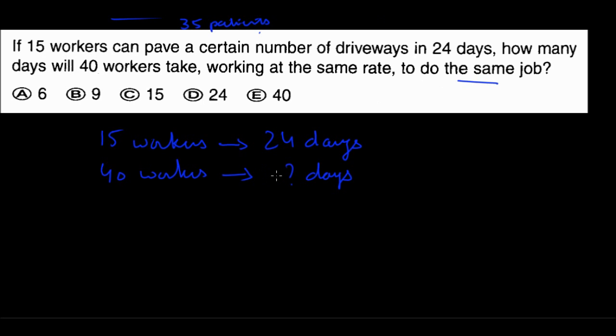Again, here you can't set up a ratio or a proportion, because the number of days would be less, right? You have more workers working, so now the number of days should be less than 24.